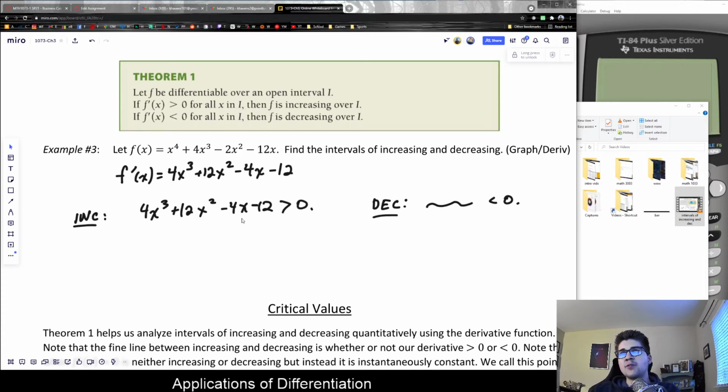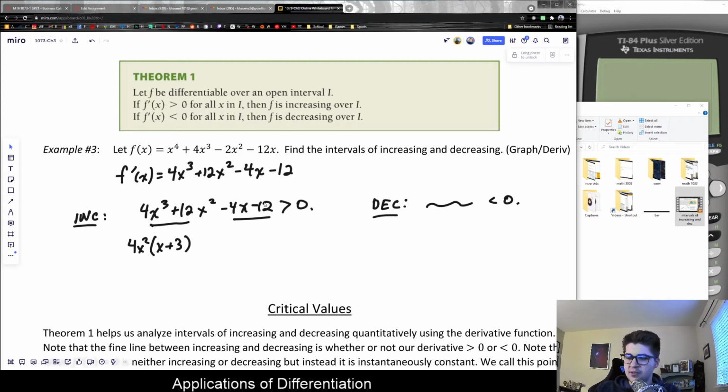Factoring polynomials such as this, you may not remember, but there's a very specific technique called factoring by grouping. It's a process where you group the terms into 2 individual components, and then you factor out the greatest common factor, which is what we call the GCF, from each. Like the first 2 terms, notice that there's a common factor of 4x squared. If we factor that out, we'd be left with x plus 3.